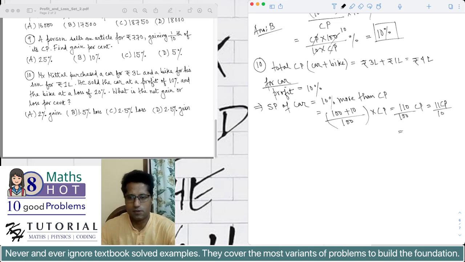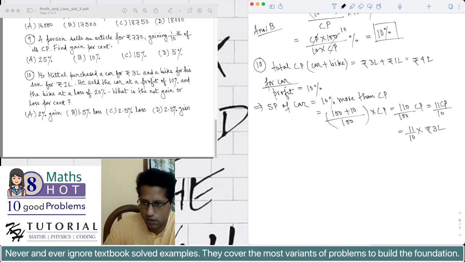What is CP? CP of the car, that is cost price of the car, is 3 lakh. So 11 by 10 multiplied by rupees 3 lakh is the selling price of the car.